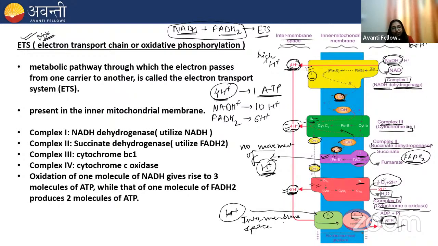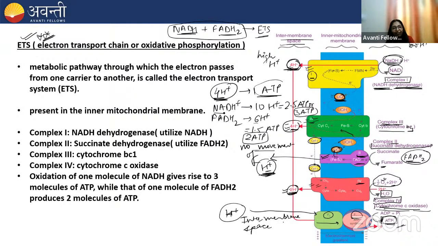And we know that there's no movement of proton at complex 2. So when 4 protons give 1 molecule of ATP, if we divide 10 by 4, we get 2.5 ATP, or we approximately write it as 3 ATP. For FADH2, 6 protons, we divide by 4, we get 1.5 ATP, or we write it as 2 ATP, approximately, right?